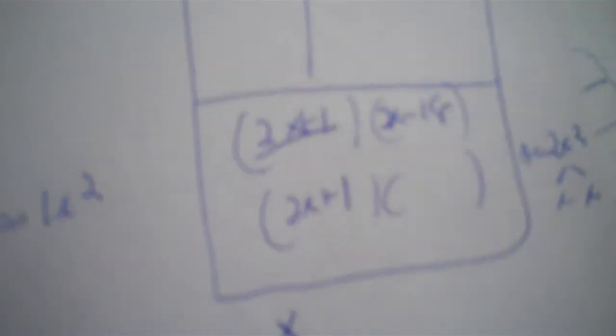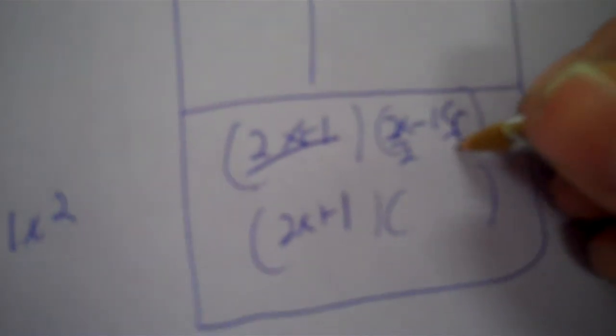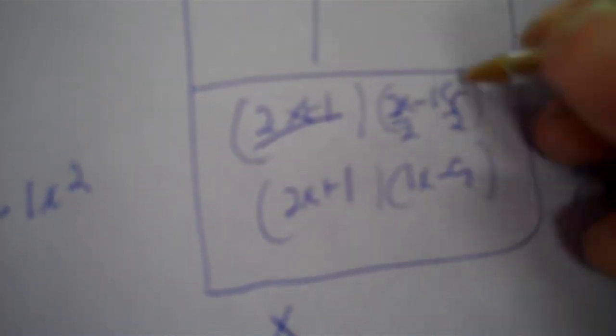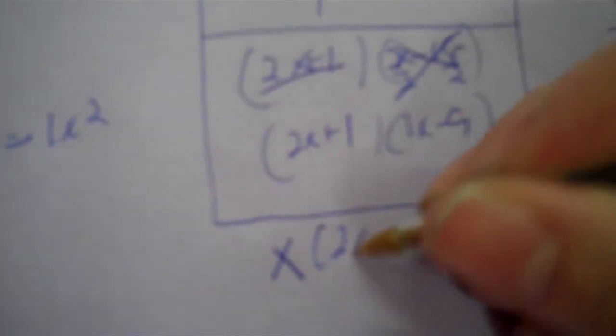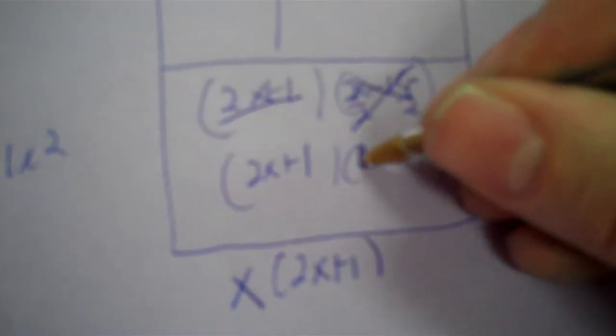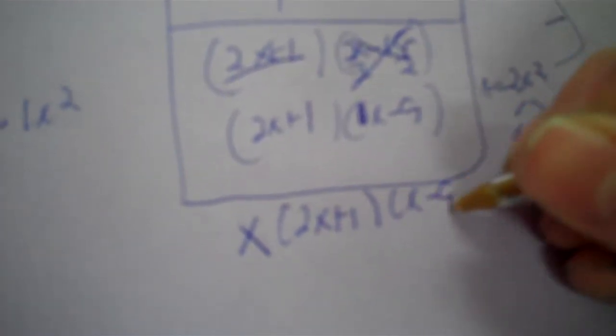And one of these can be simplified. 2 and 1 can't, but 2 and 18 can both be divided by 2. That's 1x minus 9. So the 2x plus 1 comes down, get the 1 off the front of the x, x minus 9. So this becomes x, then 2x plus 1, x minus 9.